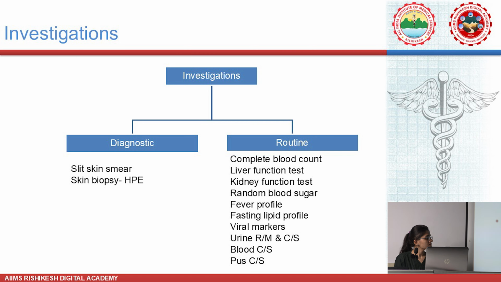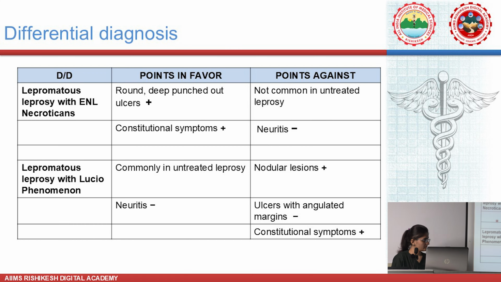So, ma'am's question, can you go back? What are these two differentials? What are we trying to say in terms of lepromatous leprosy, erythema nodosum versus Lucio phenomenon? What is the pathophysiology? Sir, erythema nodosum leprosum is a type 2 lepra reaction, which occurs due to type 3 hypersensitivity, and it occurs due to immune complex deposition in the various organs and blood vessels of the body that leads to inflammation and favors the Th2 type of inflammation, while the Lucio phenomenon occurs due to infiltration of the bacilli within the vessel walls.